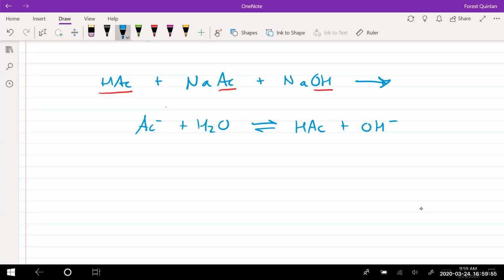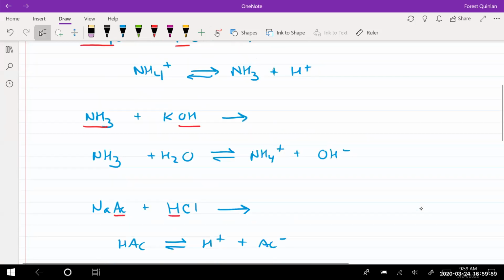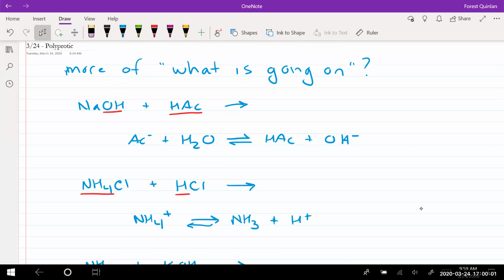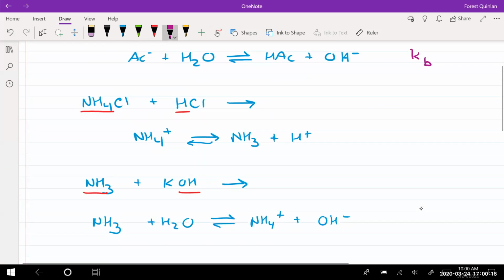Okay. And keep in mind, I think this is probably obvious, but I'm gonna scroll up there. What is the governing equilibrium for this AC minus? That's going to be a Kb. The next one, the NH4, is governed by a Ka, because we're making the H plus.